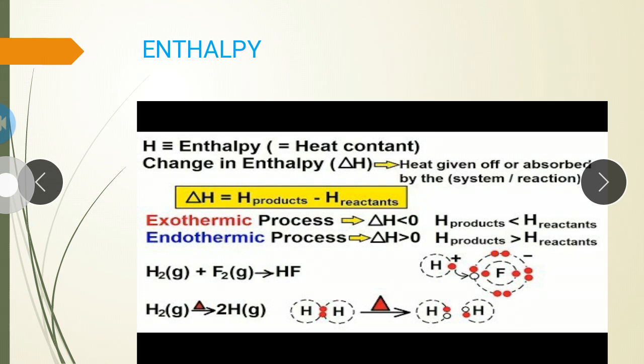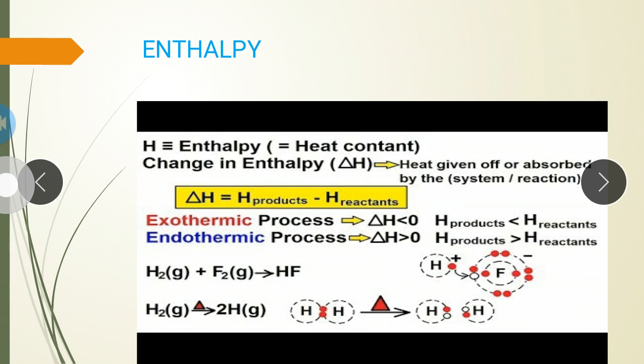And in the case of exothermic reaction, enthalpy of products is less than enthalpy of reactants. In the case of endothermic reaction, the enthalpy of products will be greater than the enthalpy of reactants.